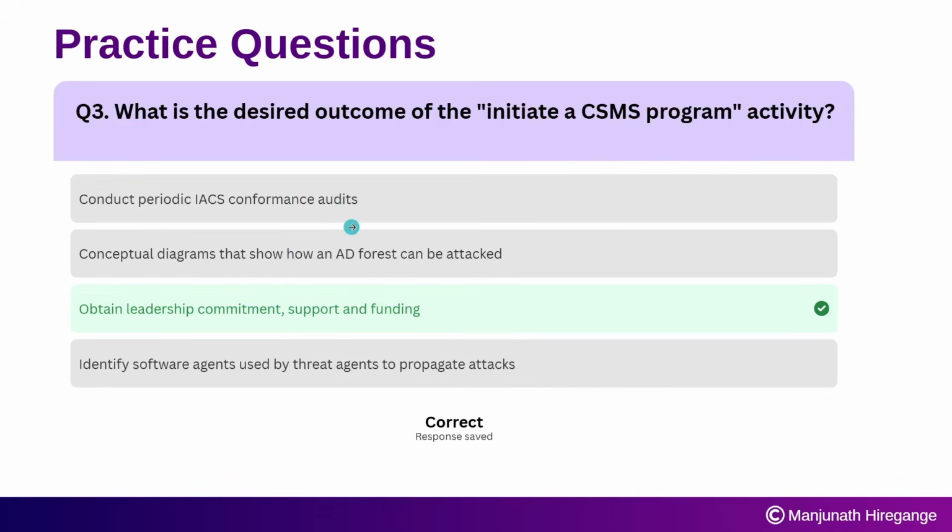The other options, for example the AD forest, refer to technical analysis or incident response, I would say. So obtaining leadership commitment and support funding is the right answer.